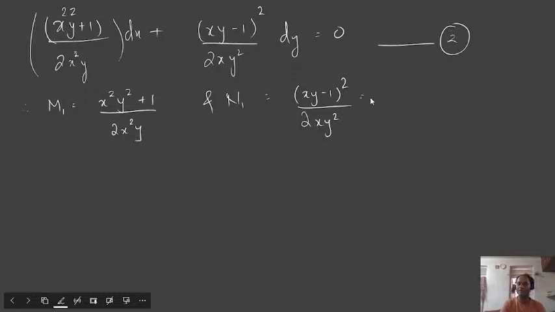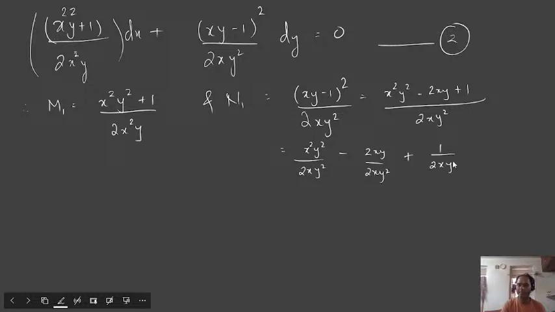So you can expand if you want, x square y square minus 2xy plus 1 over 2xy square. So on simplification, what do we get here is x square y square over 2xy square minus 2xy over 2xy square plus 1 over 2xy square.